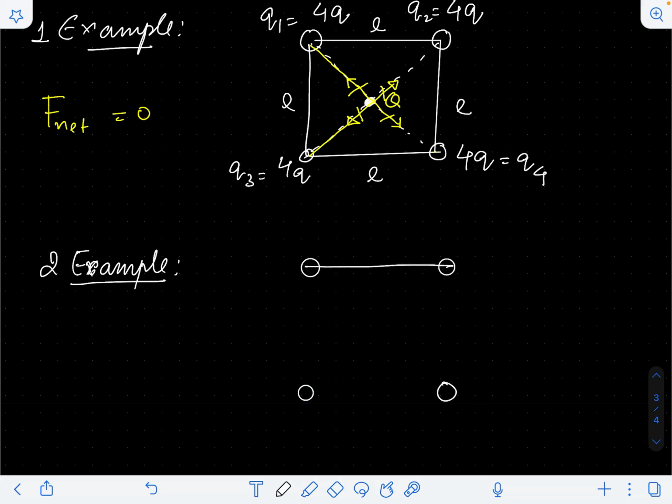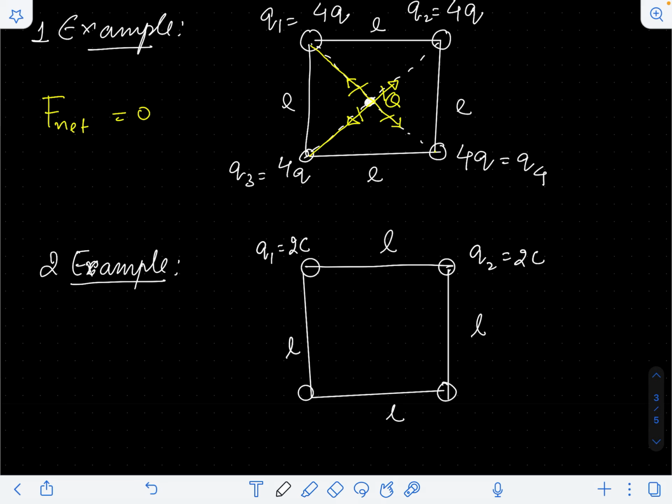So these are the sides of the square, each side L. Let's say again Q1 equals 2 coulomb, Q2 equals 2 coulomb, Q3 equals 1 coulomb, and Q4 equals 2 coulomb.